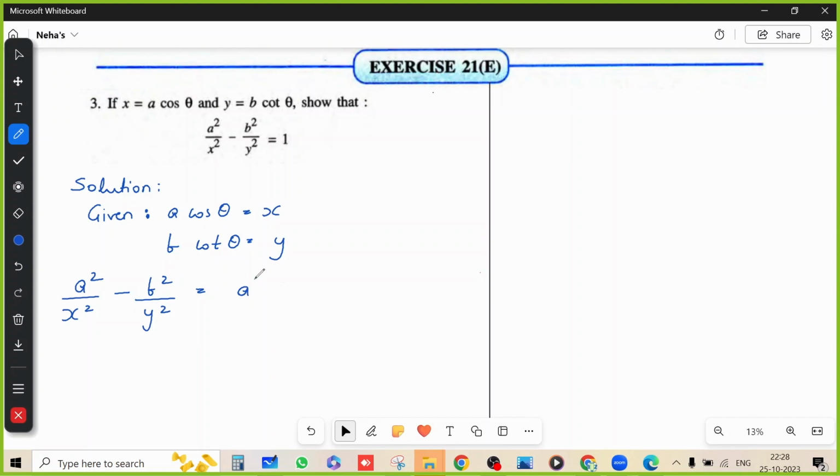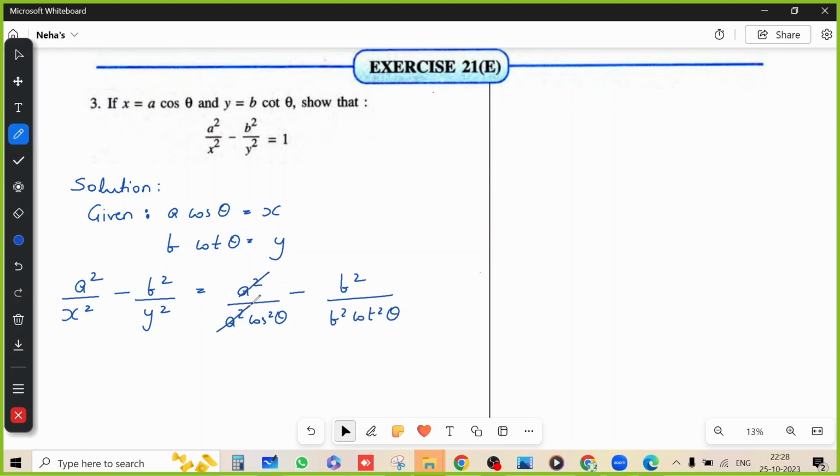So this will become a square divided by a square cos square theta minus b square divided by b square cot square theta.